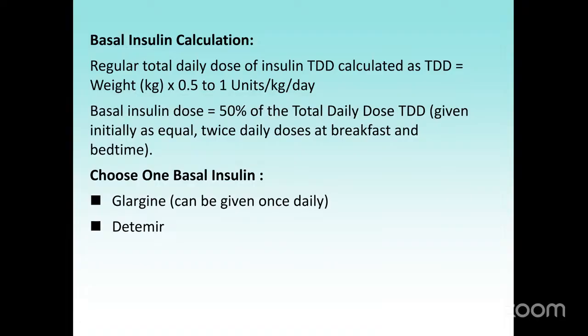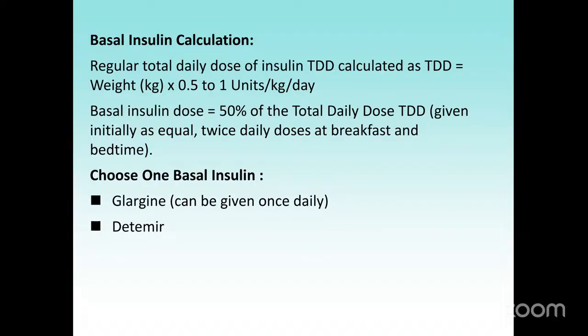So how do we calculate the basal insulin dose? It's generally calculated from the normal or regular total daily dose of insulin that the patient usually takes. This total daily dose equals weight multiplied by 0.5 to 1 units per kg per day.